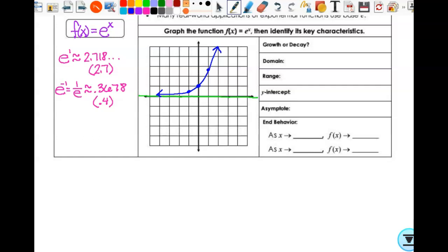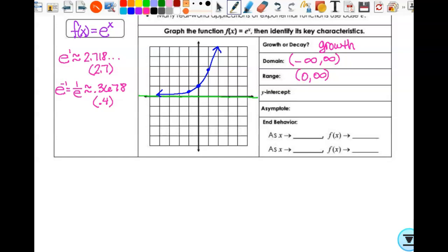So it's still an exponential. Is this growth or decay? Growth, because it's getting bigger. What's my domain? All real numbers, so negative infinity to infinity. My range, where do I start? I start at 0 and then go to infinity.